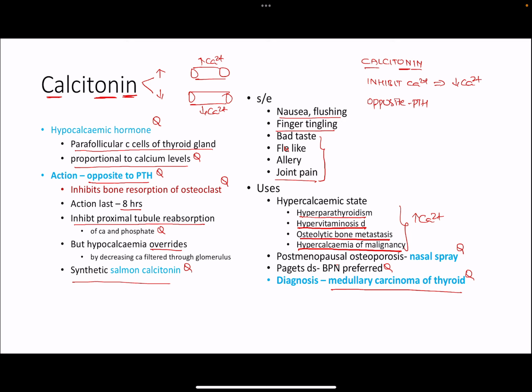Apart from that, you should remember it is given through a nasal spray, and used for diagnosis of medullary carcinoma of the thyroid. So these are the things which you should keep in mind before going to the exams.